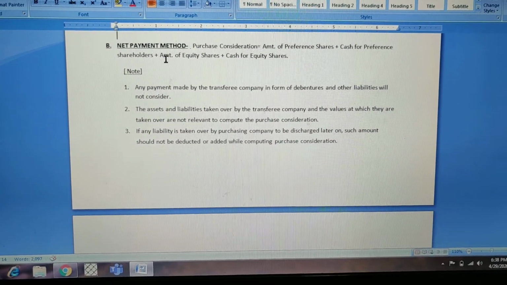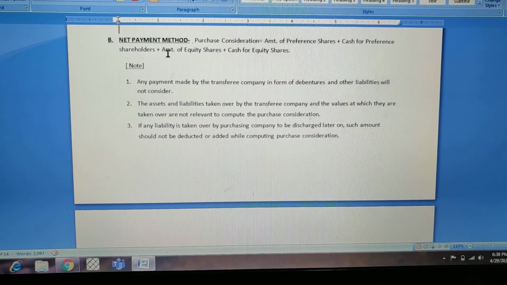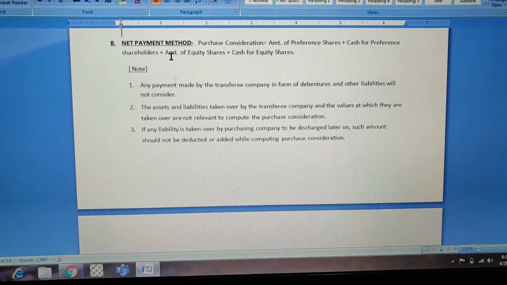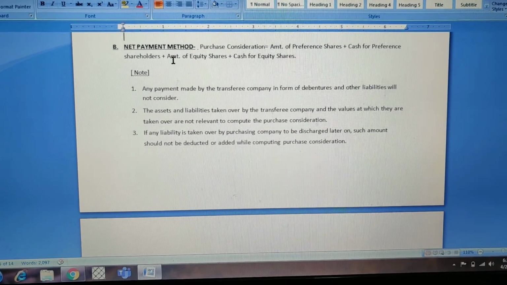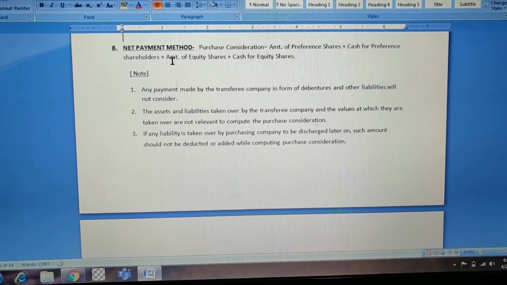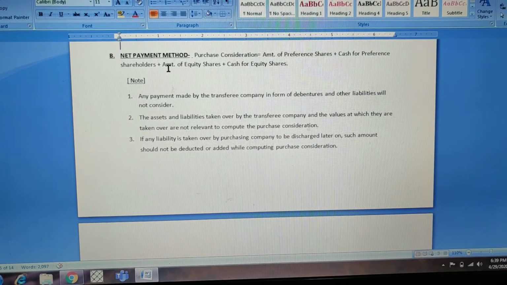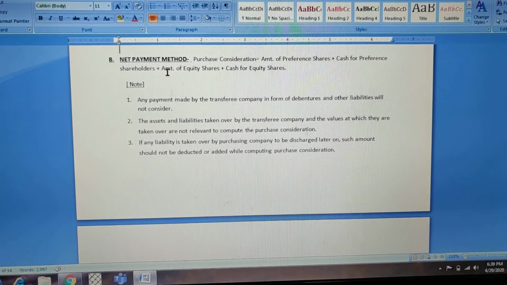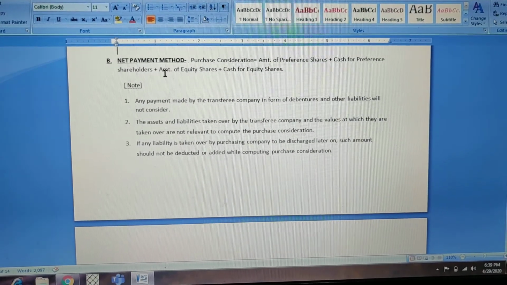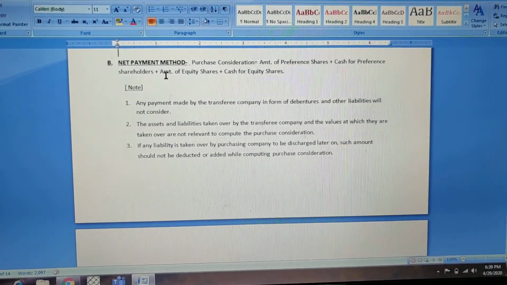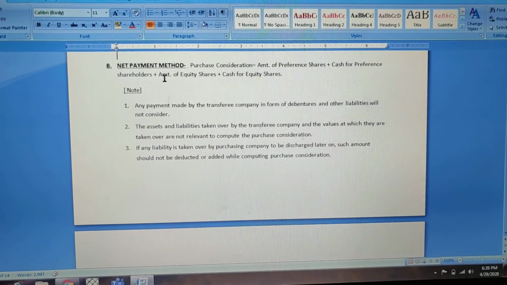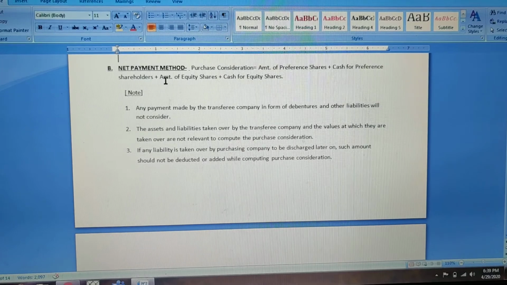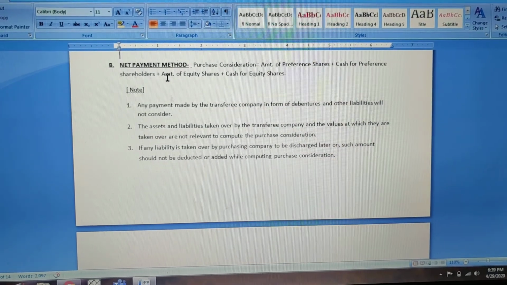In your questions, you will notice that some additional information will be given, like some amount of preference shares given by the purchasing company to the vendor company, some cash, some amount of equity shares, and cash for equity shares, and along with it some debentures will be given.